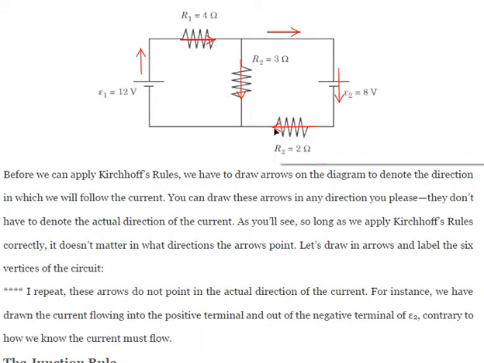We had current coming to the left, so that means we're going to have to leave the junction this way, still going off to the left, and then we go back to our battery. You can really draw the arrows in any direction you want to, as long as it makes sense, so you would be able to follow a path along and get back to where you started. I have two different loops here, and if I follow the arrows around either one, I go right back to where I started.